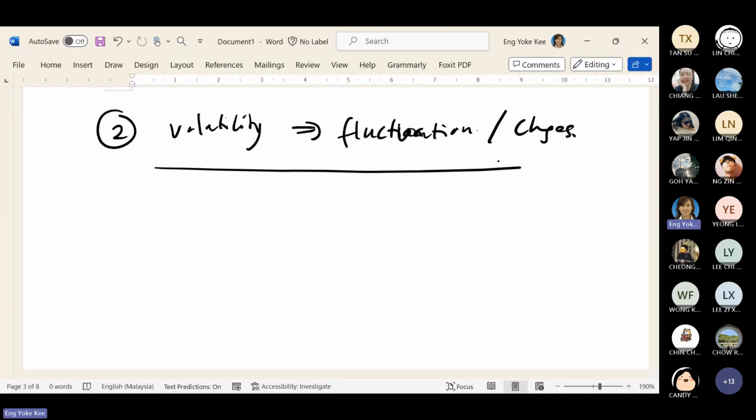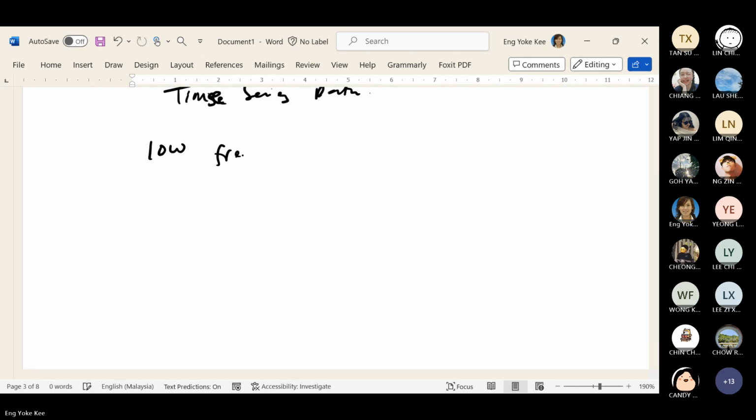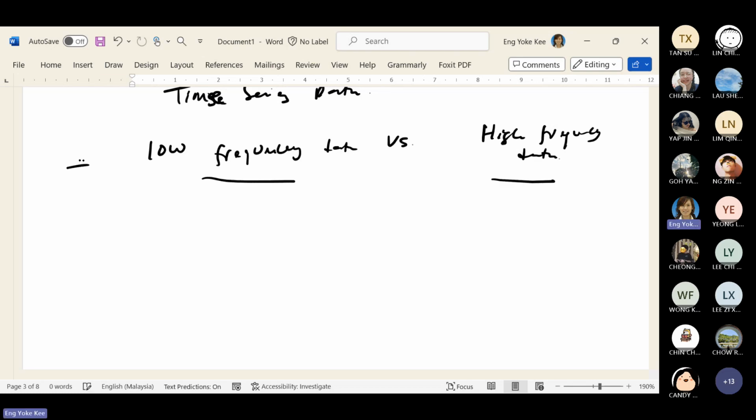Okay, so you will see, when we talk about time series data, when you compare low frequency data versus high frequency data, or you compare long-term versus short-term data.